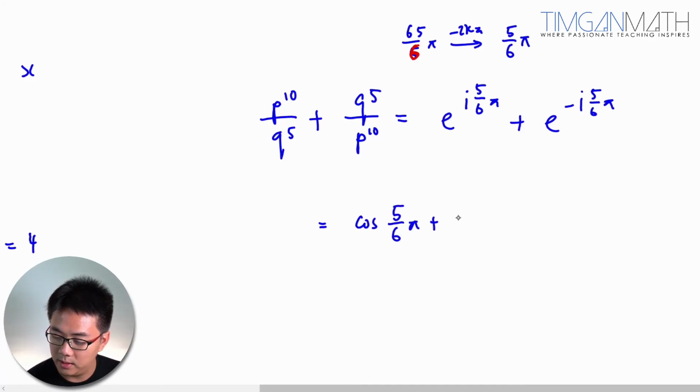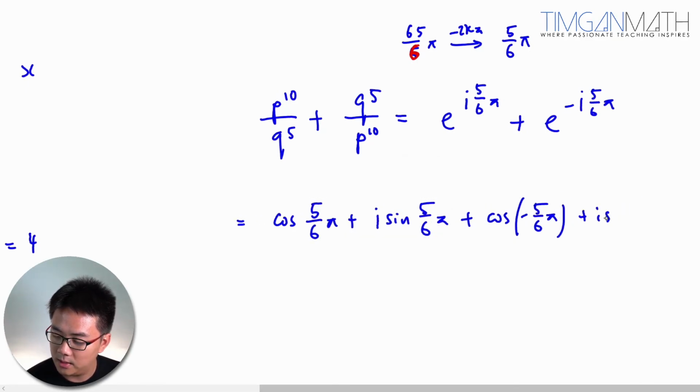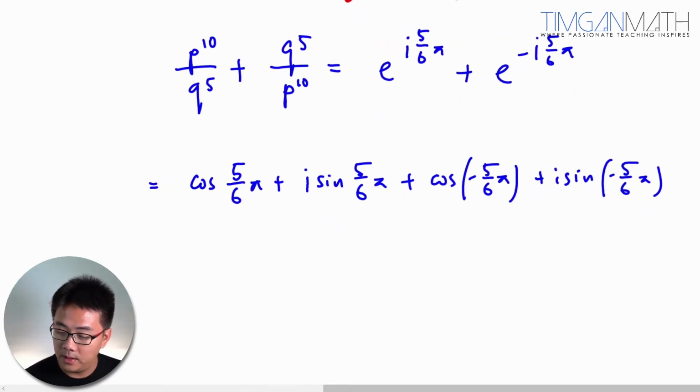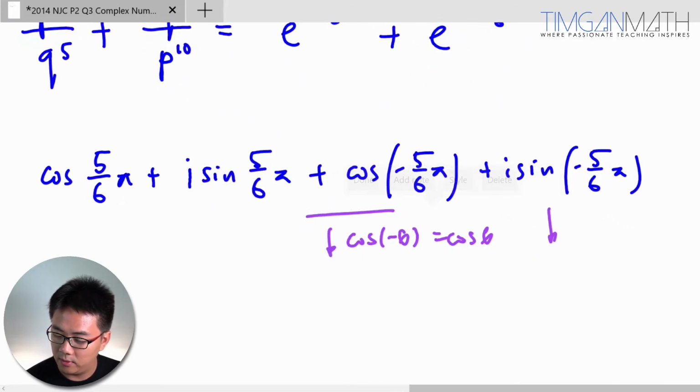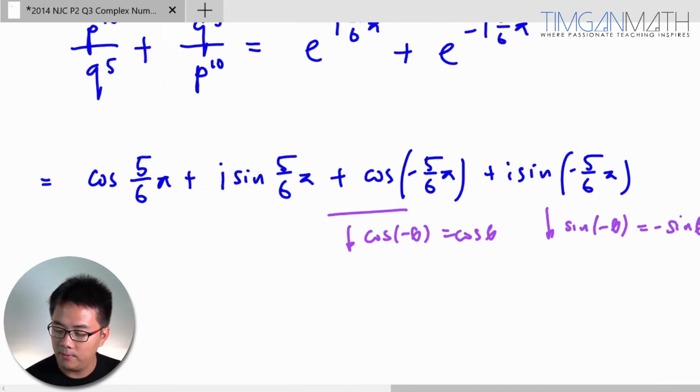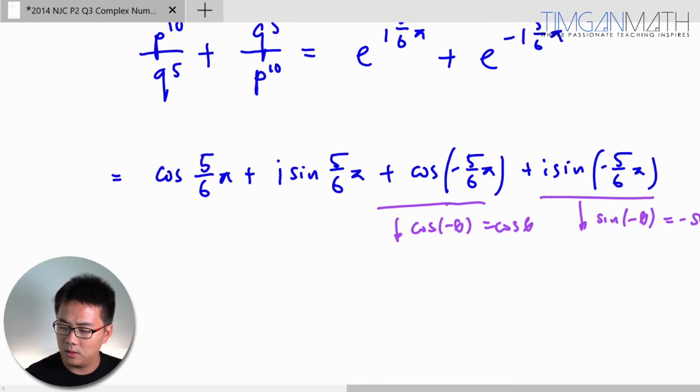Euler formula would be this: cosine 5 over 6 pi plus i sine 5 over 6 pi, plus cosine negative 5 over 6 pi plus i sine negative 5 over 6 pi. So for this part, we use the formula cos negative theta equals cos theta, whereas sine negative theta equals negative sine theta. Just look it up. Why is it so? This is all secondary school knowledge, so I'm not going to explain it here.